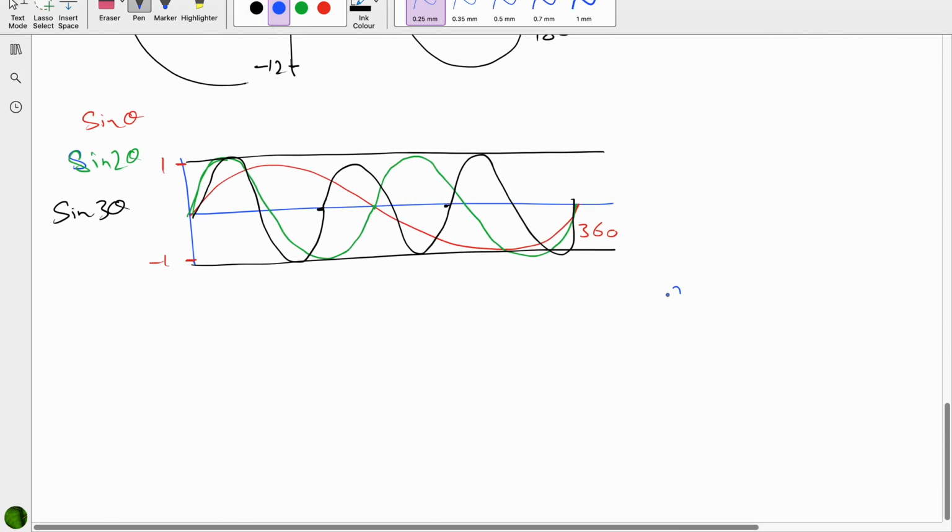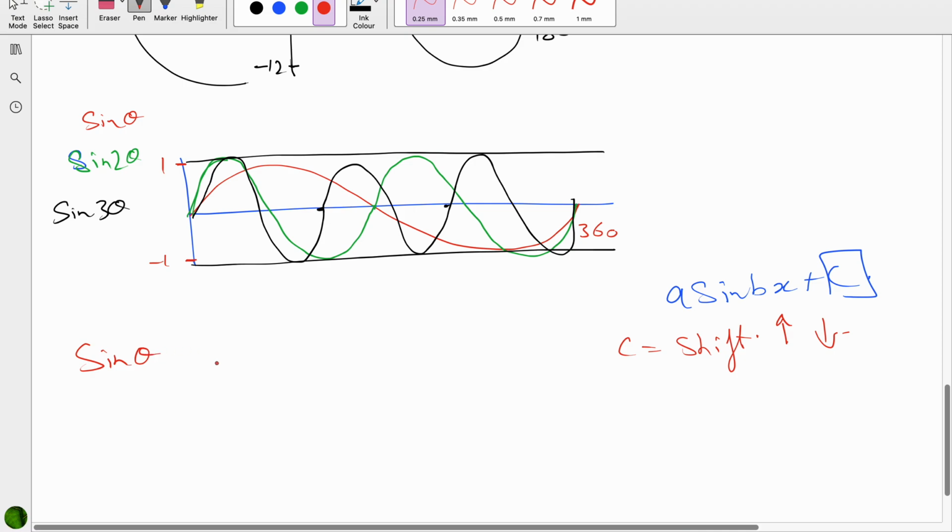Bringing in C, A sine bx plus C. Now C is basically the shift. It takes the graph upwards or downwards depending upon the sign. So if we have sine theta, the graph appears like this, ends at 360 between 1 and -1.